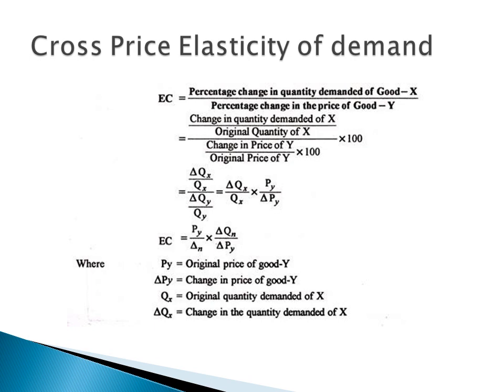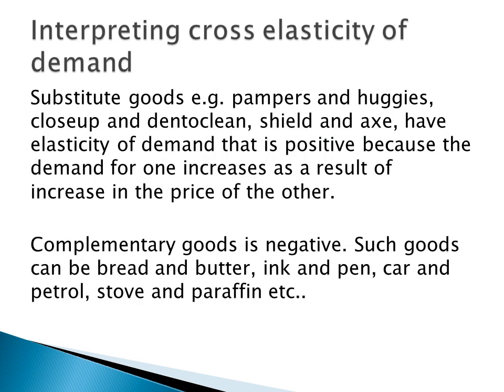By the time you solve this question using this method, you are going to obtain your answer, which will also be either positive or negative. When you are interpreting cross elasticity of demand, substitute goods carry positive signs. Pampers and Huggies, Closeup and Dentoclean.